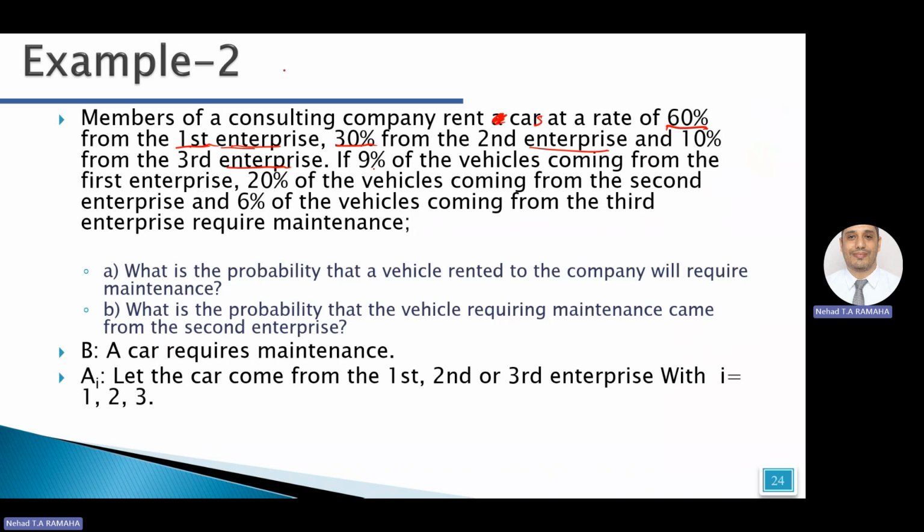Let's give names, okay? The first enterprise we will name A1, because I'm giving it in the answer, I give it A, yes? So A1. Second, I will name it A2.